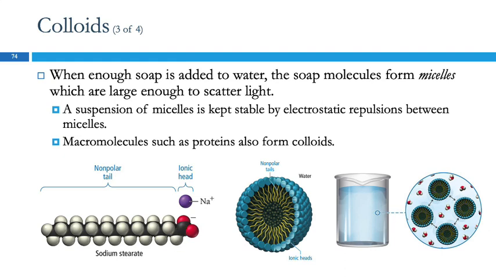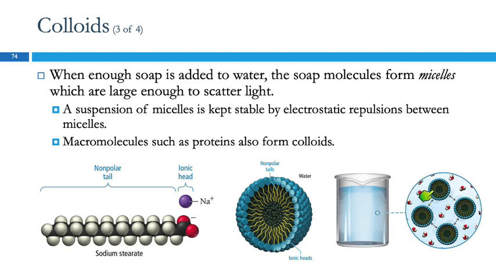So these will kind of circle the wagons, right? They'll circle around so that all of these nonpolar tails can be together because they speak the same language, right? They have the same kind of intermolecular forces. And the ionic heads are going to be on the outside because they are in the water, and the water is very polar.